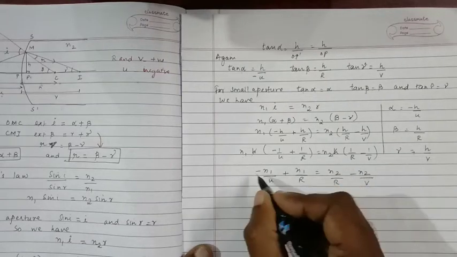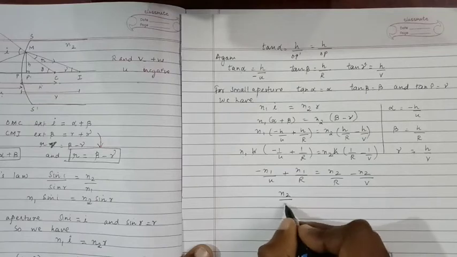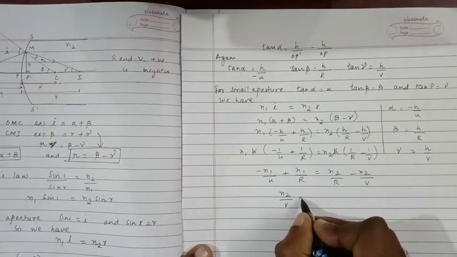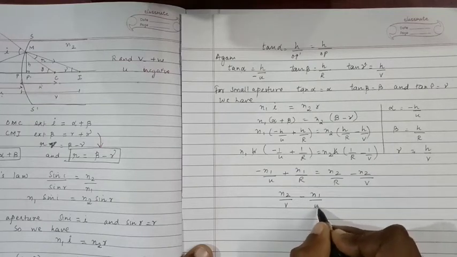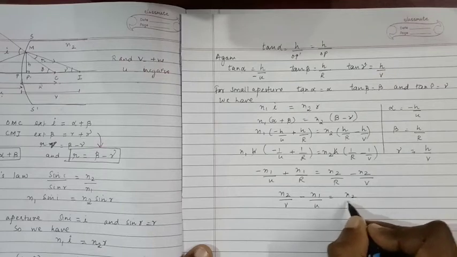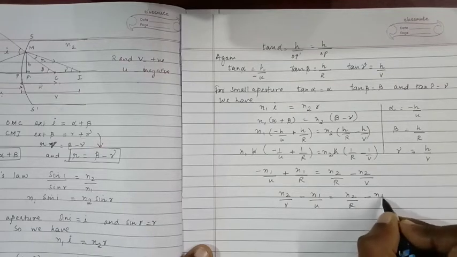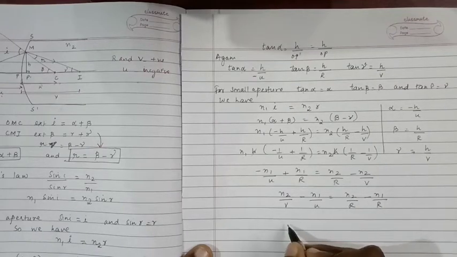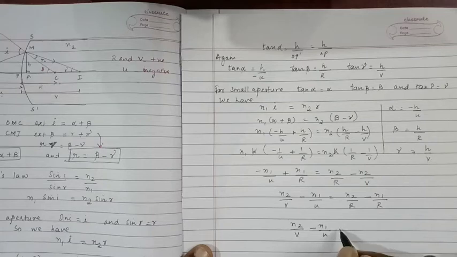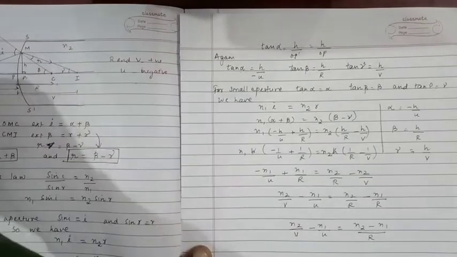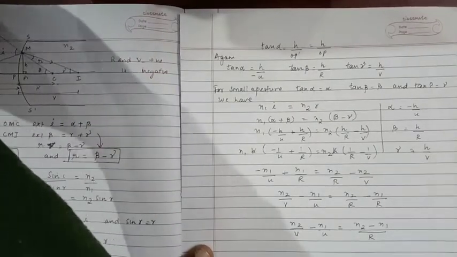We can bring this N2 here. So N2 by v minus N1 by u is equal to N2 by r minus N1 by r. So this can be written as N2 by v minus N1 by u, that is equal to (N2 minus N1) by r. So this is the required relation.